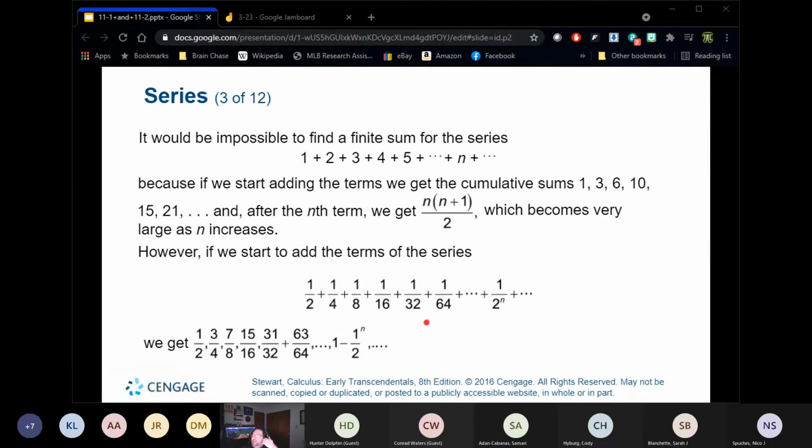Now, if we look at another one, we have 1/2 plus 1/4 plus 1/8. This is a series, and we would actually get a sequence. So if we did 1/2 and then 1/2 plus 1/4, we'd get 3/4. So we can see how this series creates a sequence of partial sums.